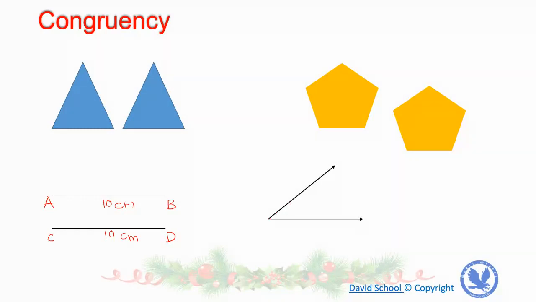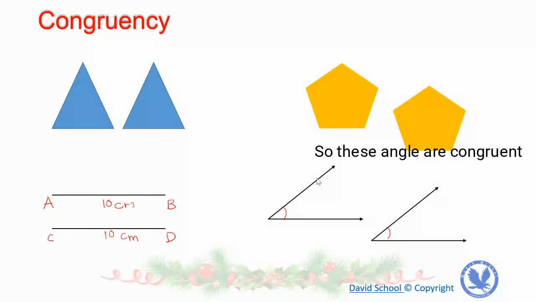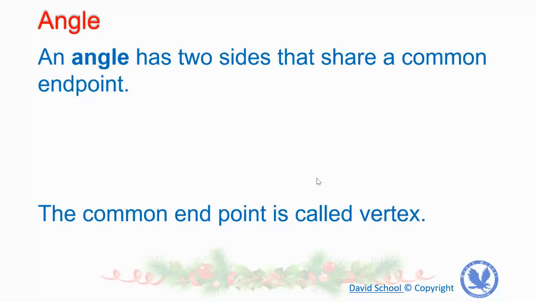They have a common endpoint, so they make an angle. We have two more rays here, and again, if you see the angle here, they look exactly the same. So congruency is the term we use to compare shapes or measures. You have also learned about angles.